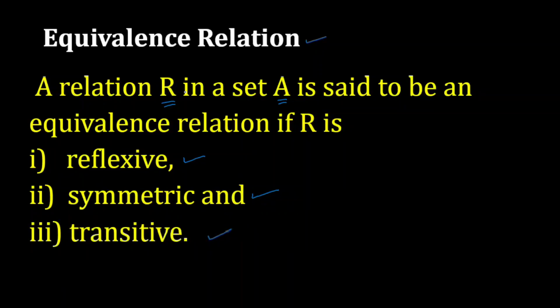If a relation R for a defined set, it may be set A, B, or C, here in general we have taken it as A, is said to be an equivalence relation if it satisfies these three conditions, that is reflexive, symmetric, as well as transitive. Now you should know how to define them, how to know them. That is very important, my dear students, because proving reflexive, symmetric, transitive is very important. Let us define them also so that we can define the equivalence relation easily.